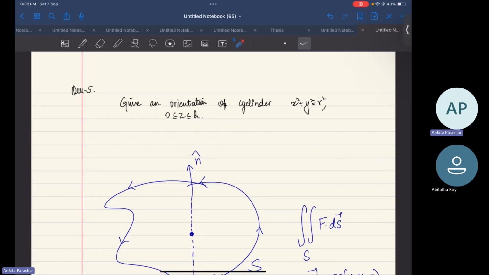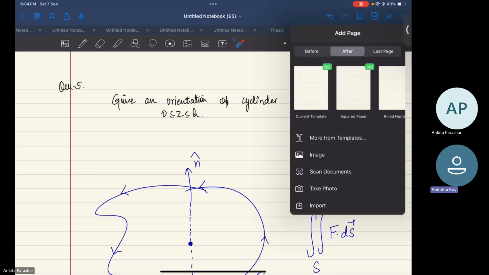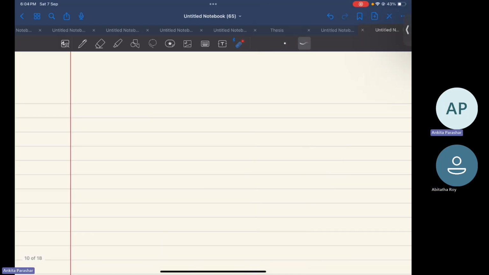Let's come back to the surface that we have. We have the cylinder, and the question is about parameterizing it. Can we do it? Okay, you need some help, right? Surface is, you know what, we are giving orientation to a cylinder.